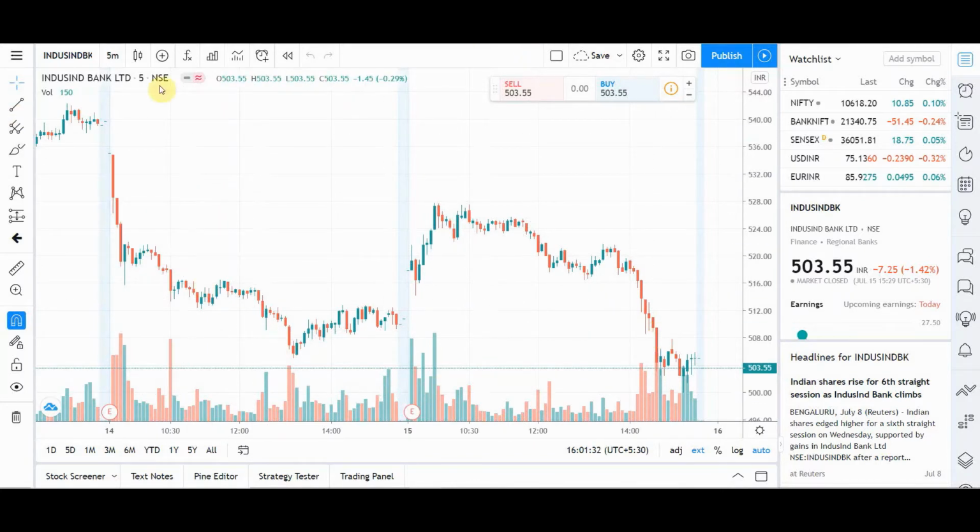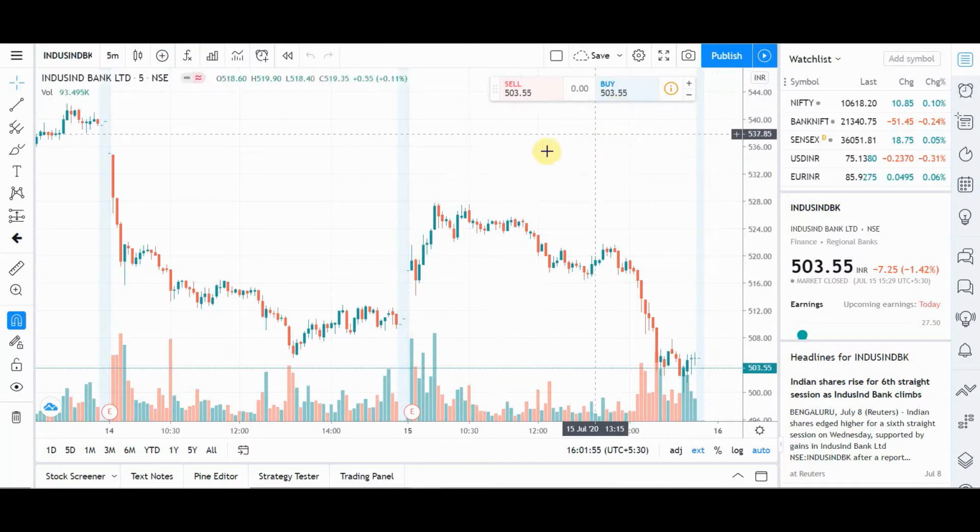Now coming to the video, we will be able to see the HDFC Bank chart here. In this chart, it is a candlestick chart. According to my recommendation, the best pattern is the candlestick chart rather than the line chart.